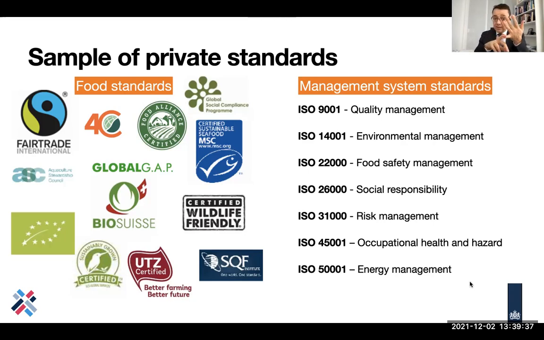So that means there are audits, that means there are inspections, that means there is quite a bit of investment in the setting up of the system and in the maintenance of the system, in ensuring that the system is sustained, that you can keep the certification. Okay? As I said, there are a very large number of private standards.